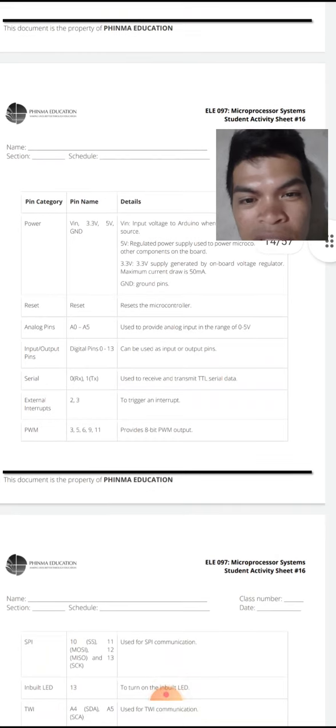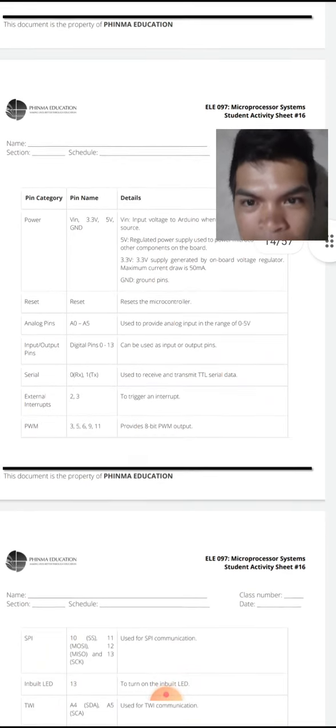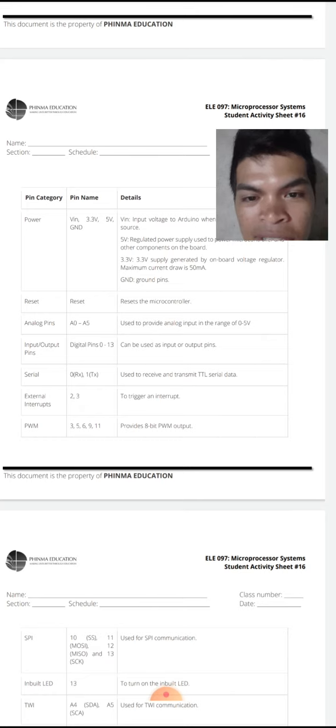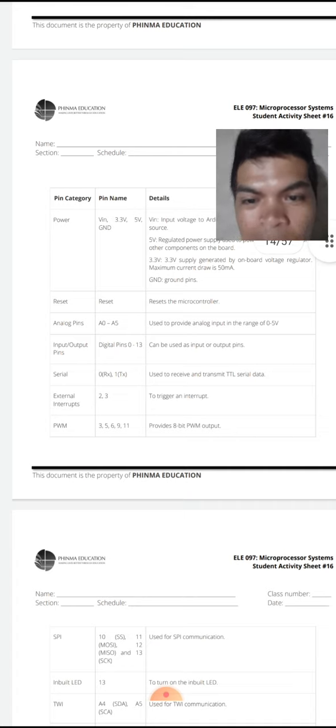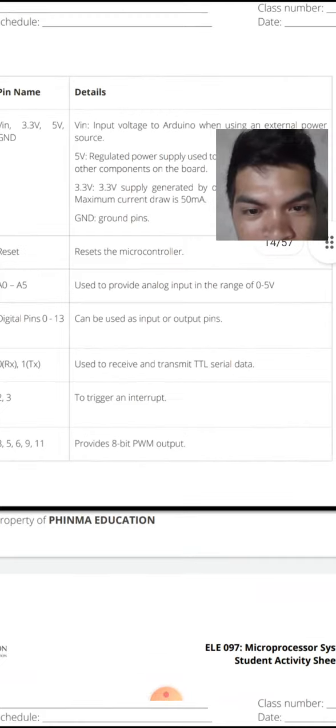GND is ground. We have reset pins. Details: reset the microcontroller. We have analog pins. Details: used to provide analog input in the range of 0 to 5 volts. Input or output pins can be used as input or output pins. Serial is used to receive and transmit TTL serial data.